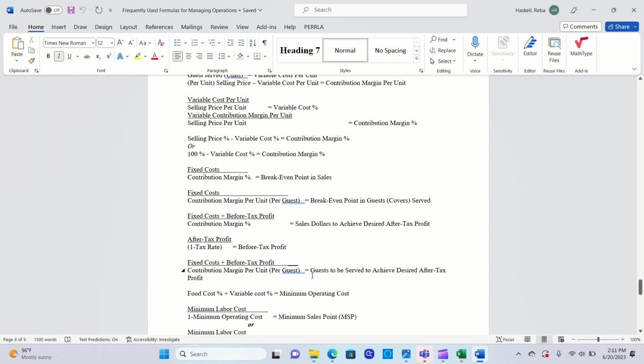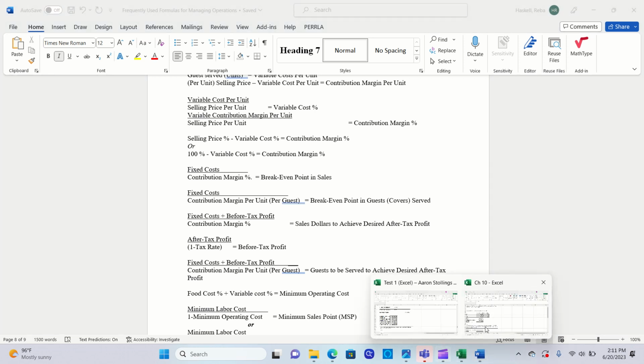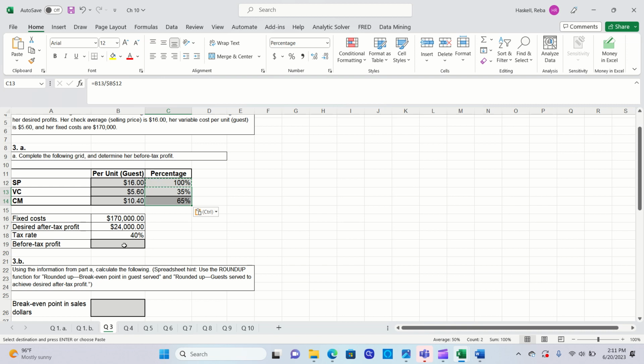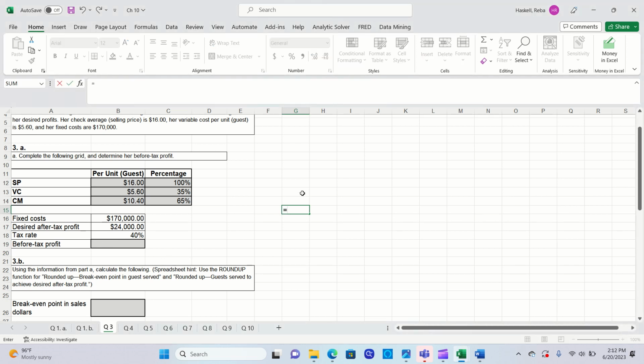Here we go. Our before tax profit. We're going to take our after tax profit divided by 1 minus the tax rate, okay? In order to calculate our before tax profit, we take our after tax profit and we divide that by 1 minus the tax rate.